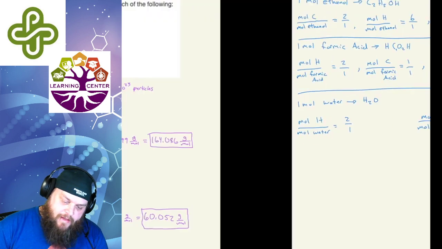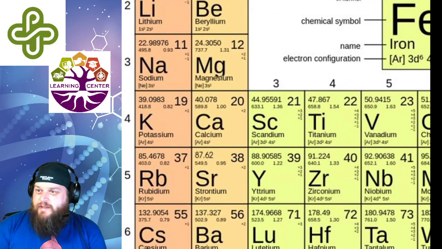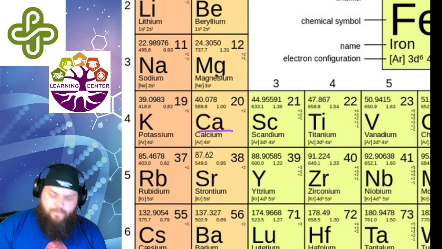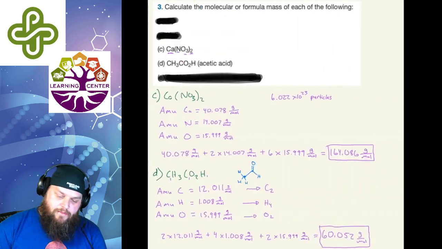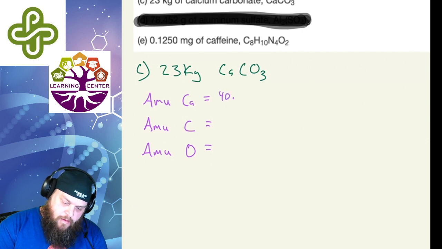We can zip back to our periodic table and see that calcium was 40.078. We found that in the first problem we did.